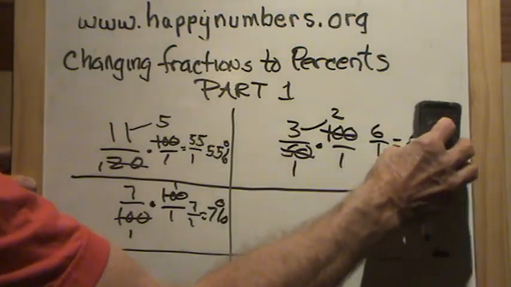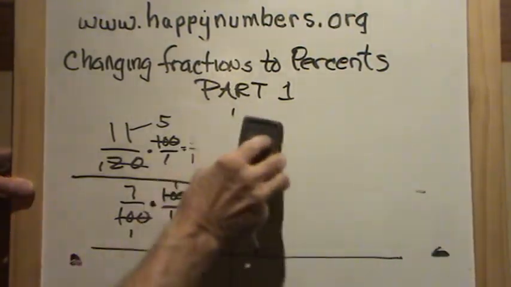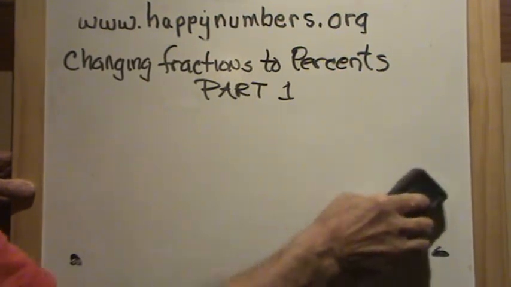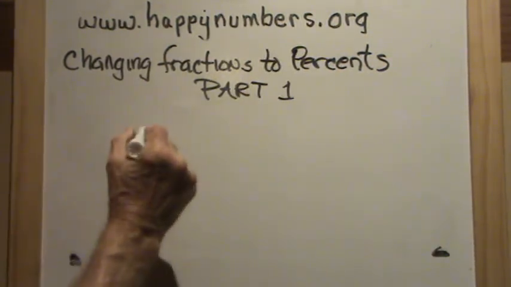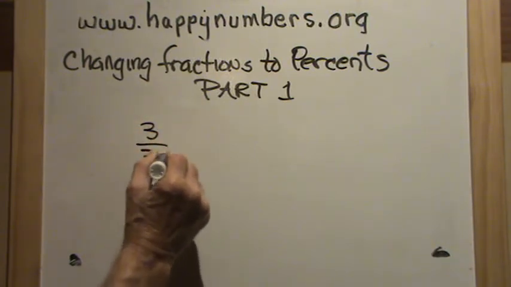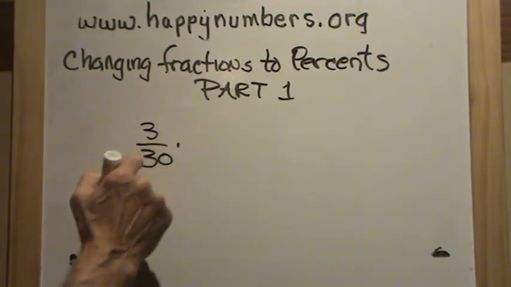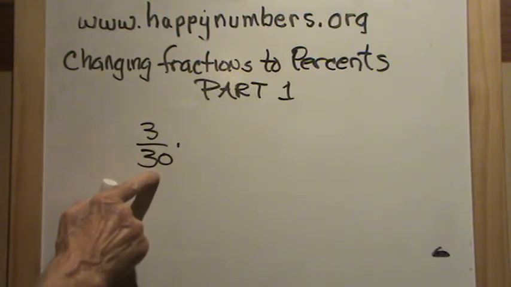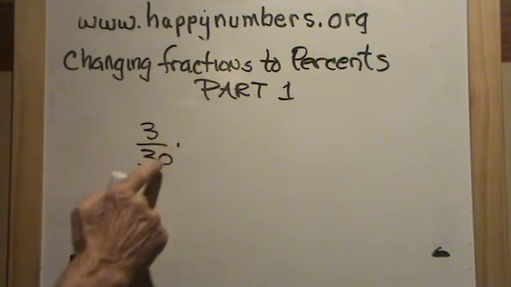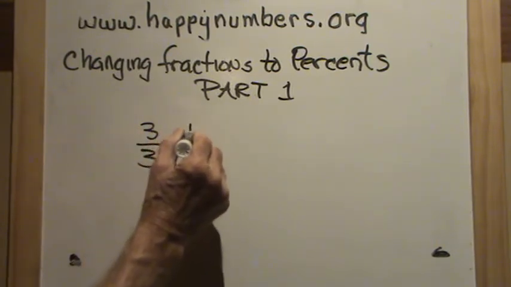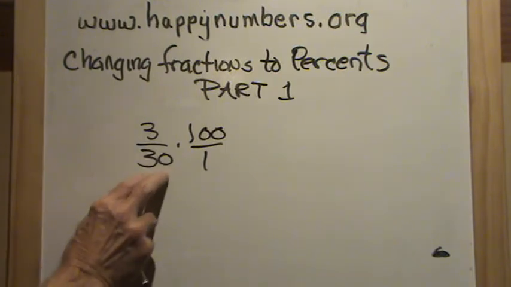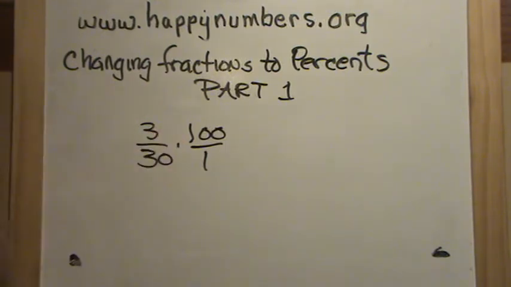Excellent, excellent. Well, as I said, this is a very simple skill set. If the denominator of your fraction can go evenly into 100, or a number that can go evenly into your denominator can go evenly into 100, then to change the fraction to a percent, you just multiply by 100. Now here, 30 does not go evenly into 100.